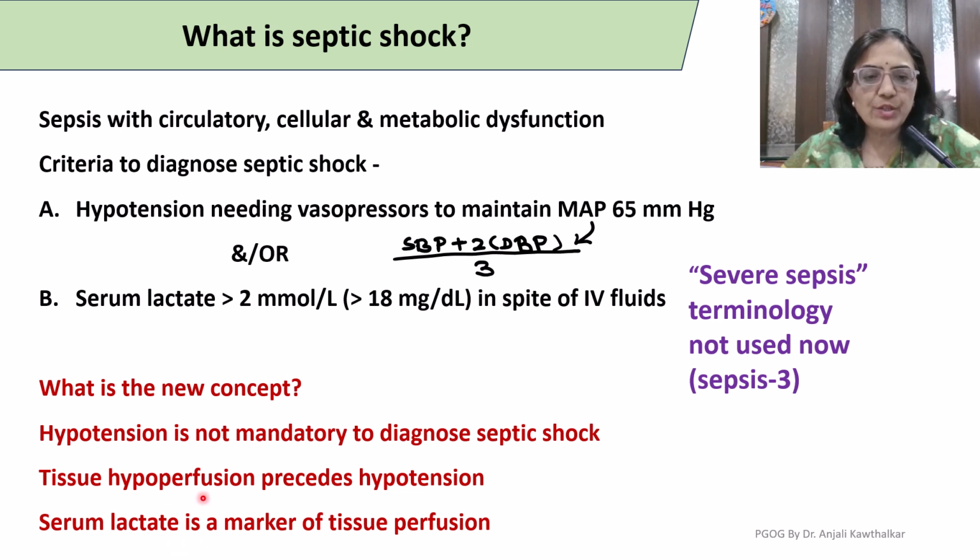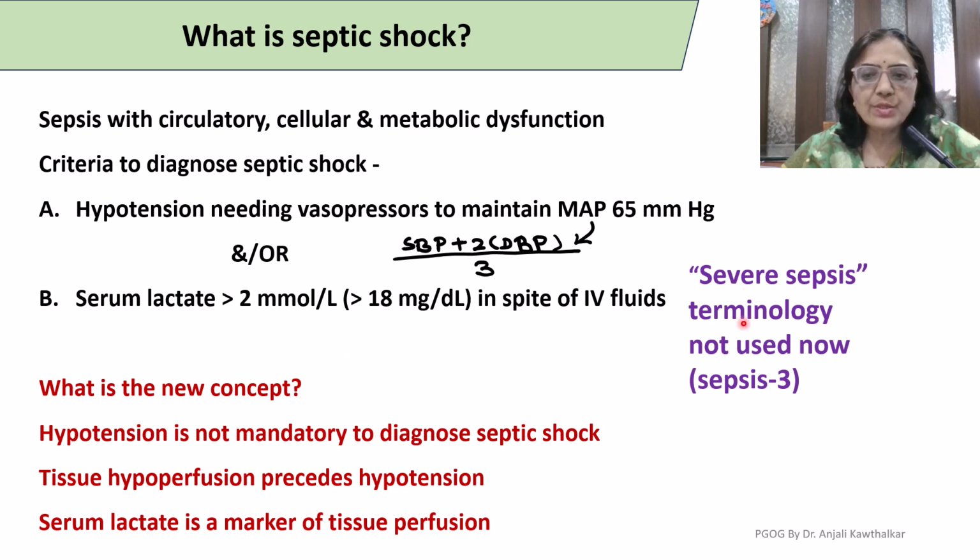Whenever there is tissue hypoperfusion, serum lactate clearance reduces and serum lactate increases. A level greater than 2 millimole per liter or 18 milligram per dL is sufficient to diagnose a case as septic shock.